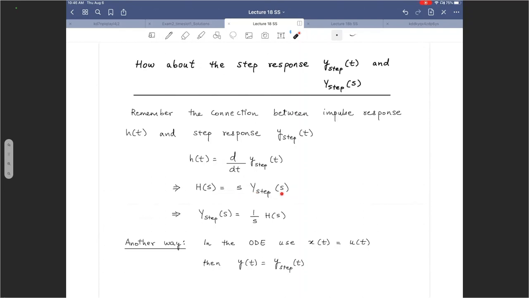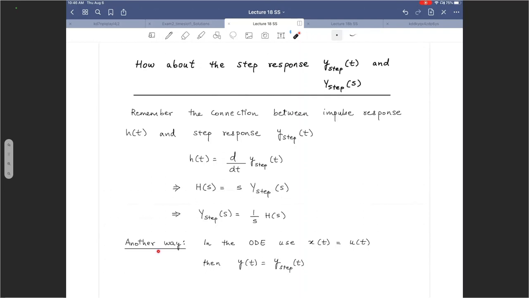So y step of s is the Laplace transform of y step of t, and we multiply by s because we differentiate once in the time domain. Y step of s consequently will be 1 over s times H of s. So take the transfer function divided by s, as simple as that. You get the step response in the Laplace domain, y step of s.